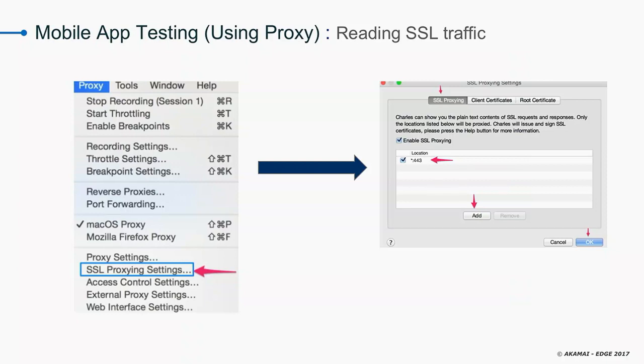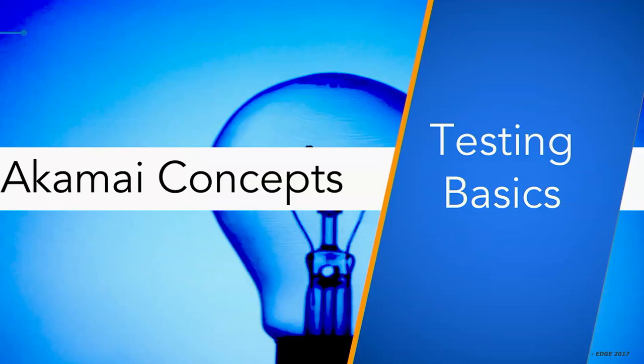You can download the certificate from the Charles website. So those are the two things you need to do: enable the setting on the proxy on the device where Charles is running, and download the certificate, and you will be able to read the HTTP header requests and responses even for your encrypted traffic, which is now the norm.